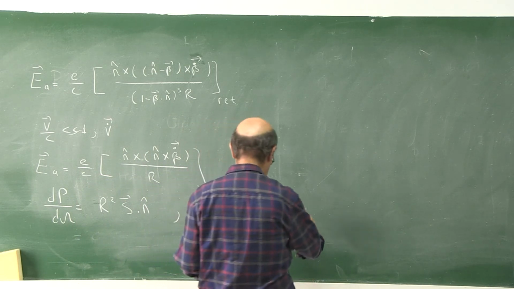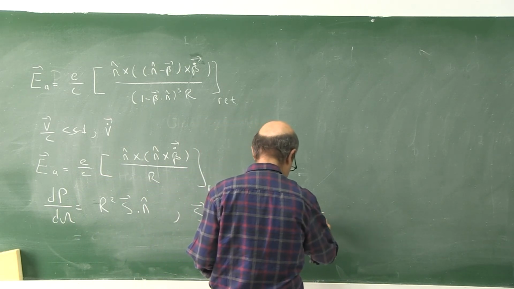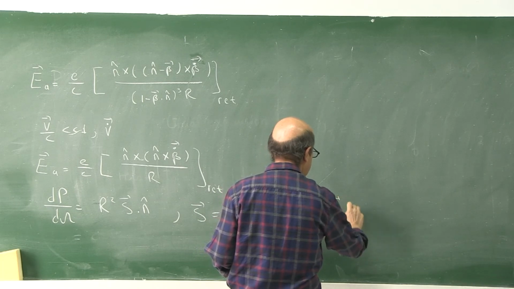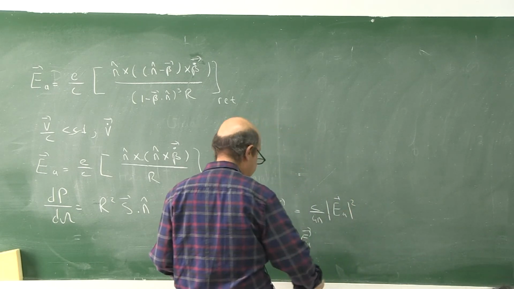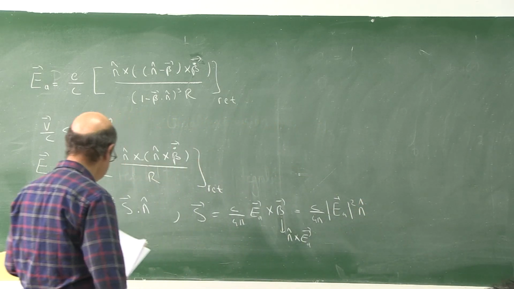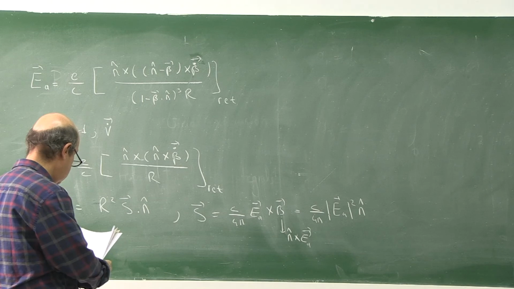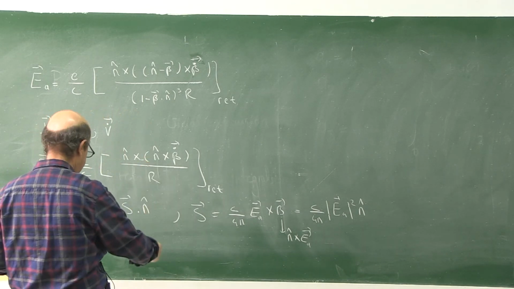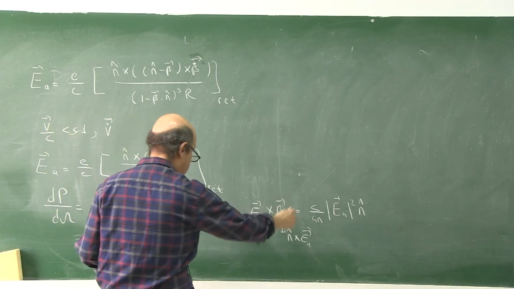So that is equal to c over 4 pi times the square of the amplitude of the electric field along n. n is the propagation direction. Then we take the square of this.